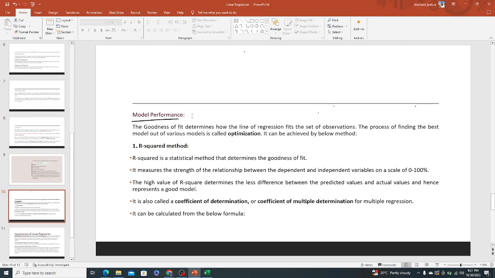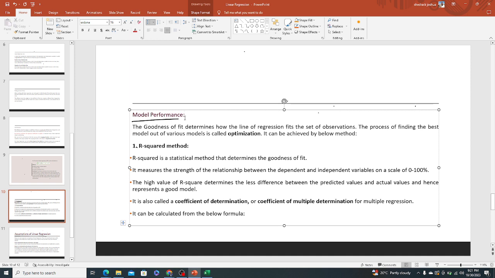Okay, good. Let's proceed to model performance. For model performance, we usually use R squared.